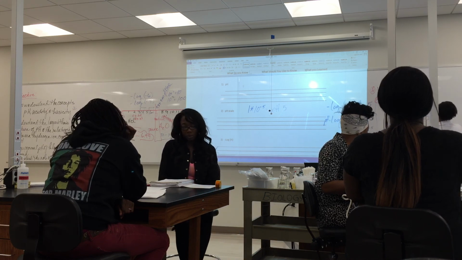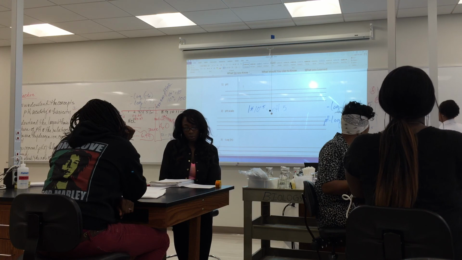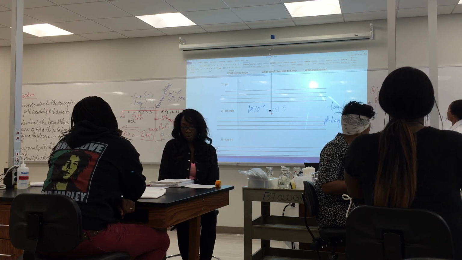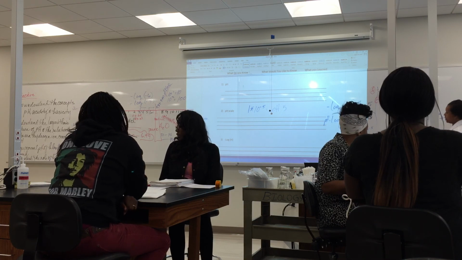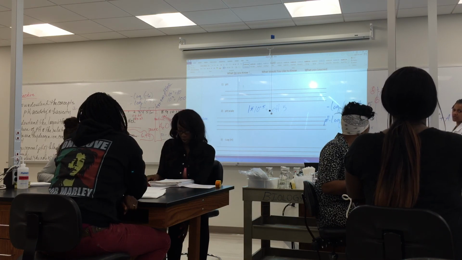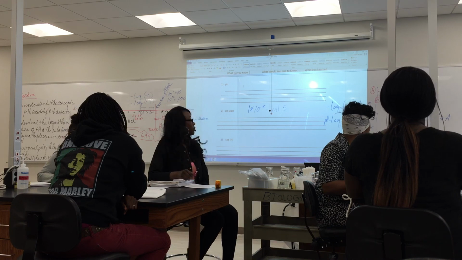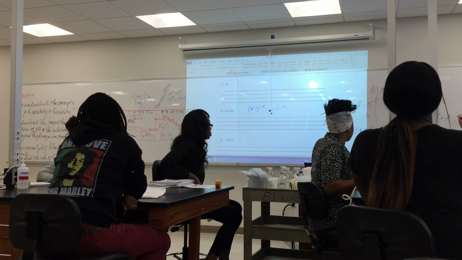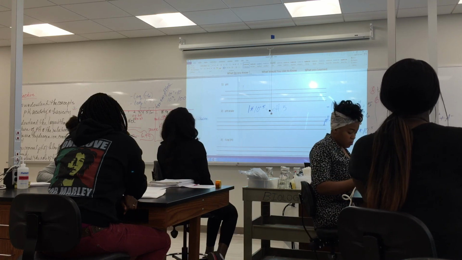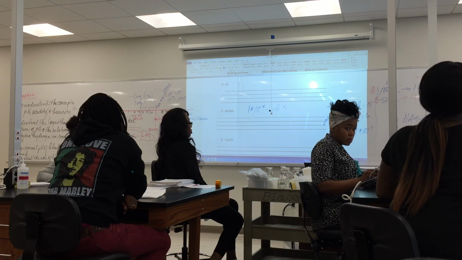We have H plus and A. If we move in the right direction, and when we go back left, we have a combination. So these solutions are called buffers. Oh, A is negative, yes.